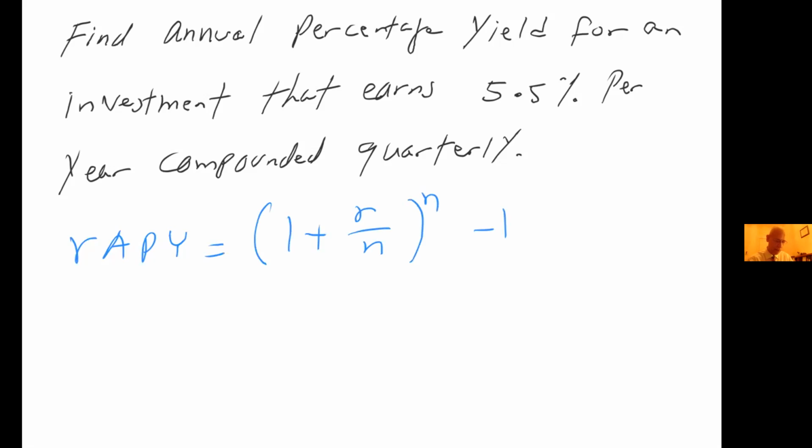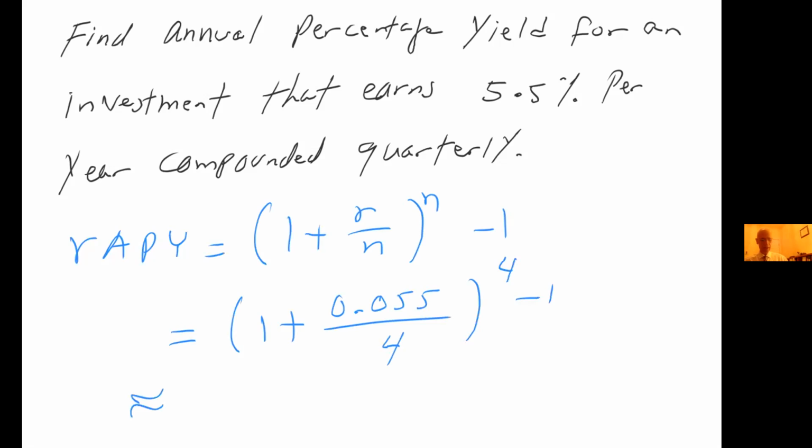So that equals 1 plus, we said 5.5%, so in decimal that is 0.055, divided by 4, because there are 4 quarters in a year, to the power of 4, minus 1. Let's put that in my calculator: parenthesis 1 plus 0.055 divided by 4, close parenthesis, to the power of 4, minus 1.